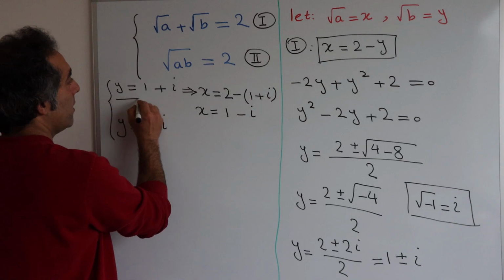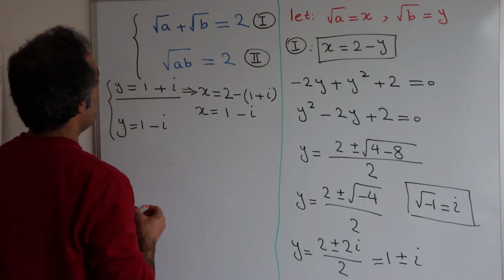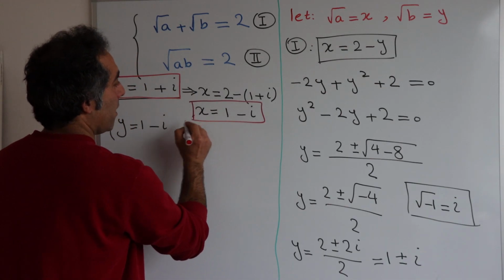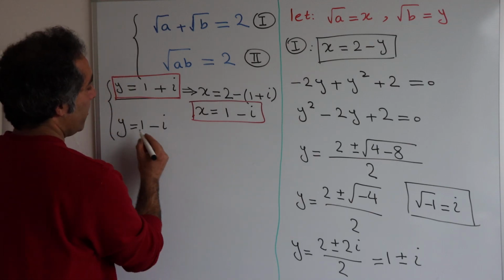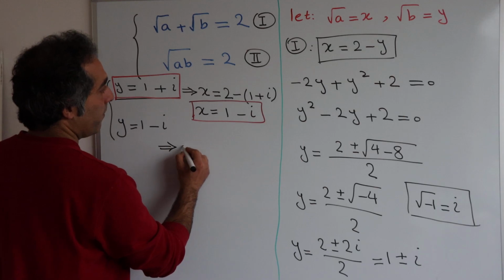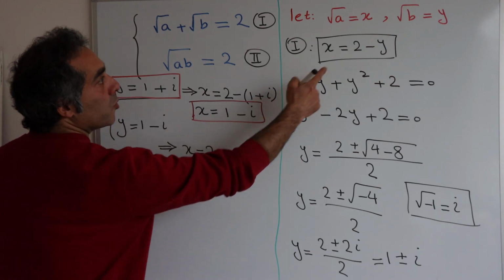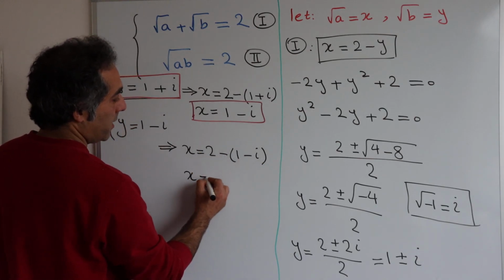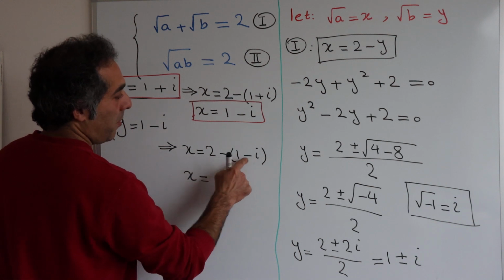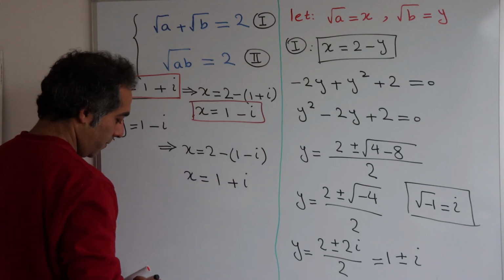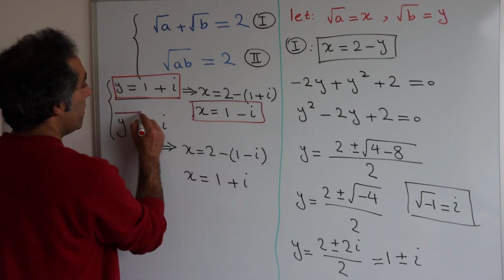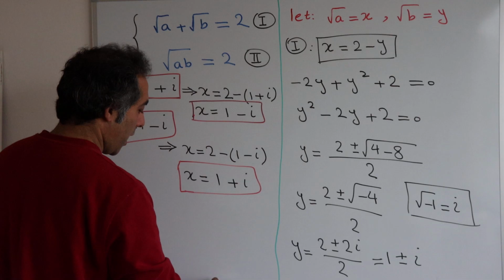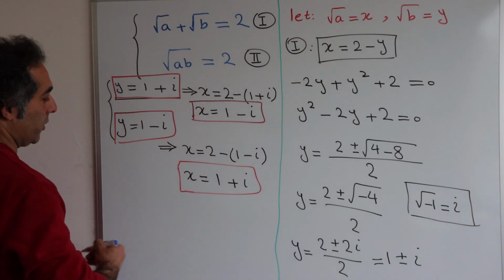Okay, if I can show you by another color, these are the first pair, and for this equation we have 2 minus y, where y is 1 minus i. So x is 2 minus 1, which is 1 plus i. So for another pair we have the two other solutions. Okay, I can write the solutions as a conclusion here.